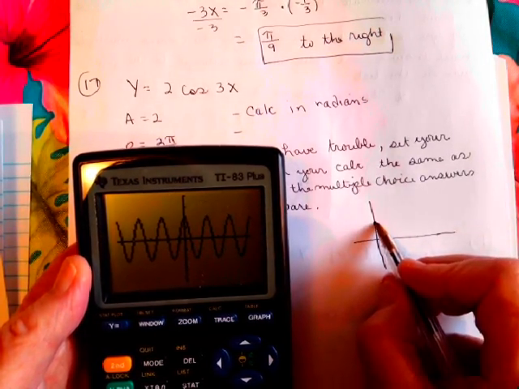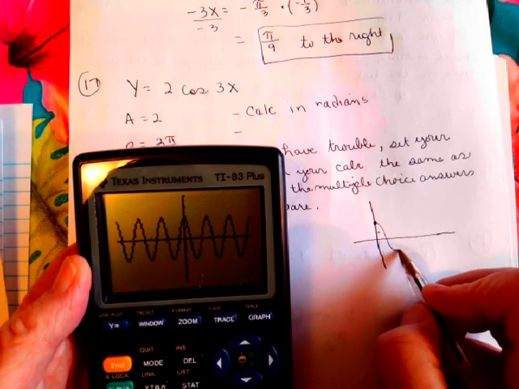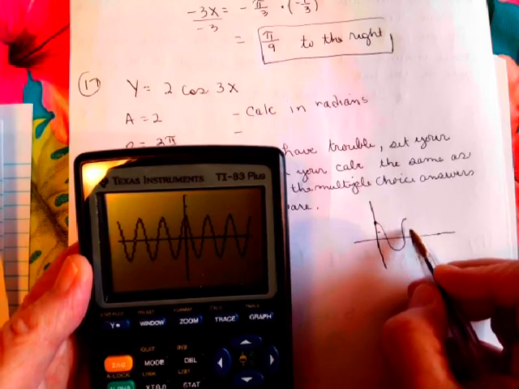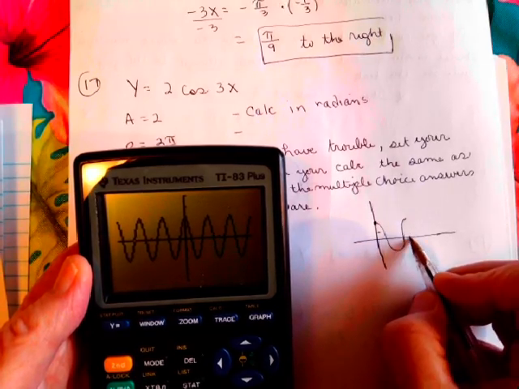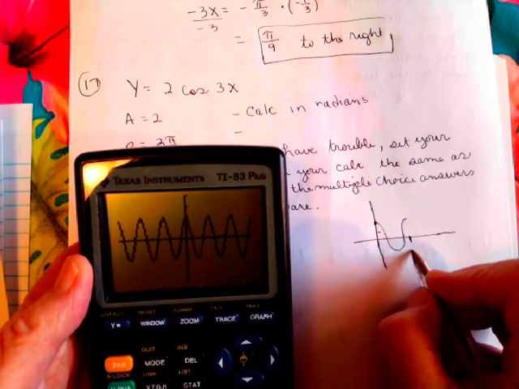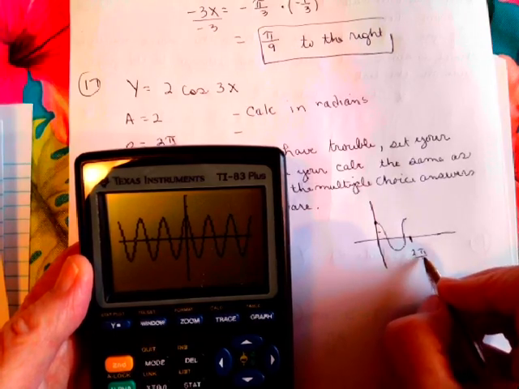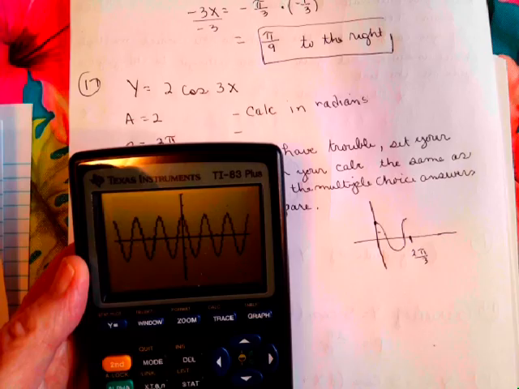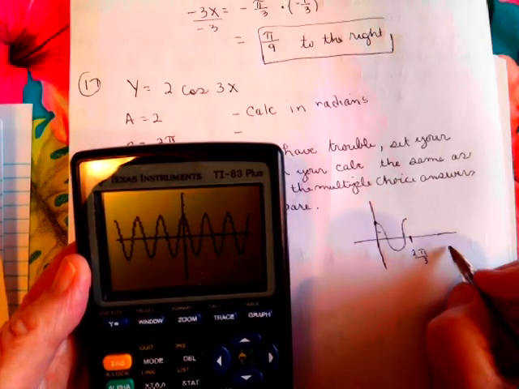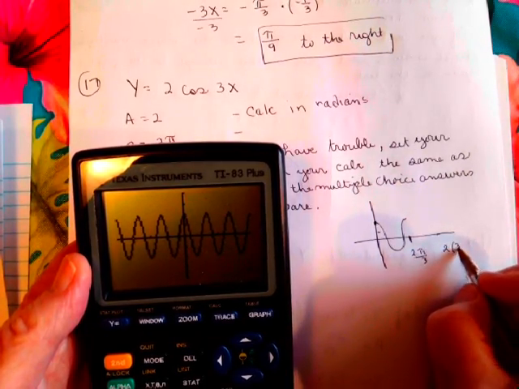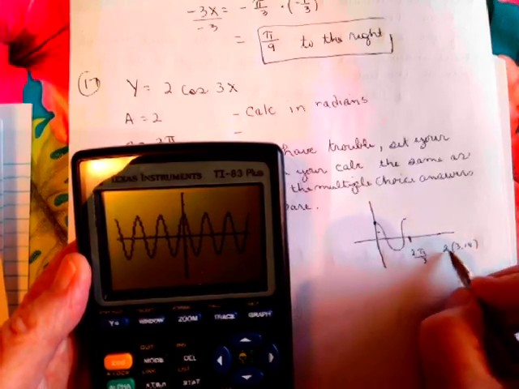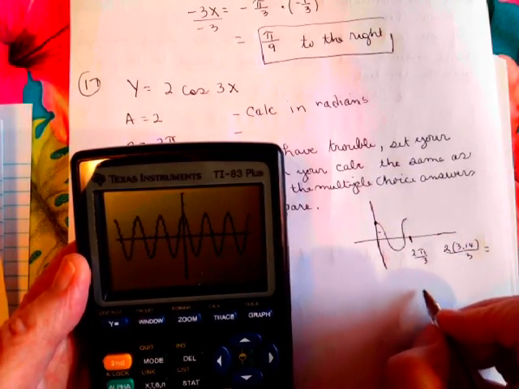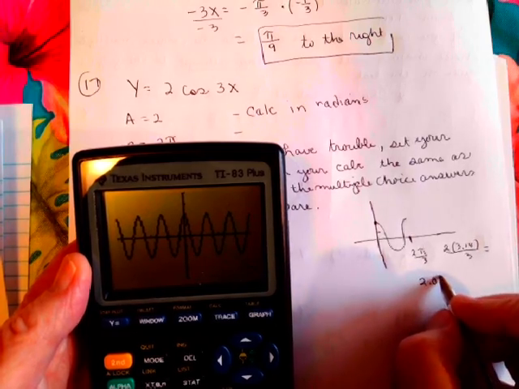So if I'm looking at this, there was no phase shift. This has got to be 2 pi over 3. That is 2 times 3.14 divided by 3. That equals 2.09.